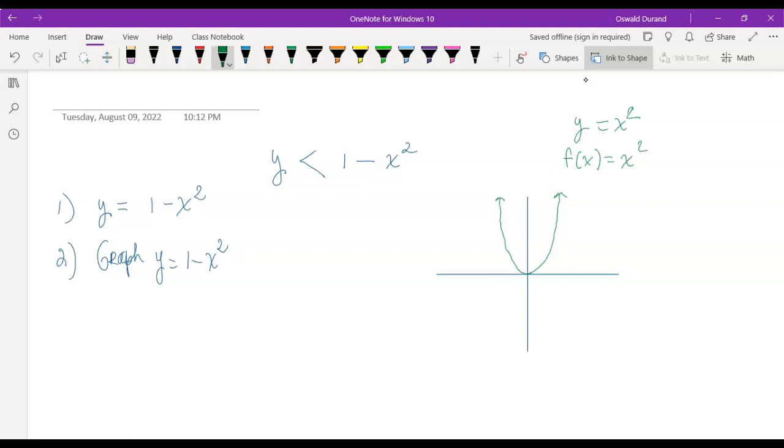Now, you notice that this is 1 minus x squared. You can view this as y is equal to negative x squared plus 1. And the negative x squared graphically means that it is the reflection of y equal x squared about the x-axis, right?